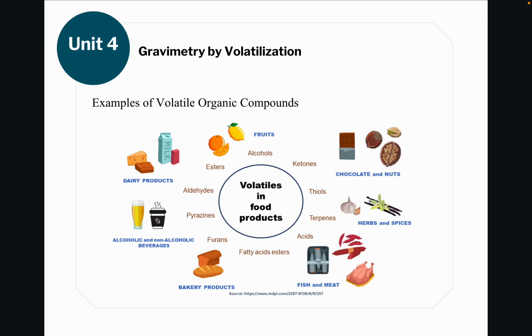Volatilization gravimetry is commonly used, for example, to determine the moisture content in materials by measuring the loss of water upon heating, as well as to analyze inorganic ash content of organic materials such as polymers and paper.